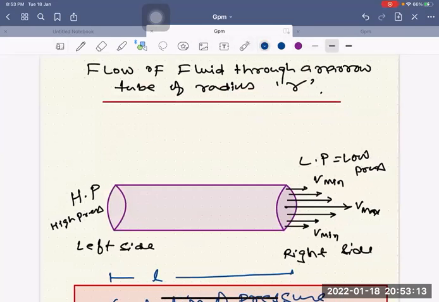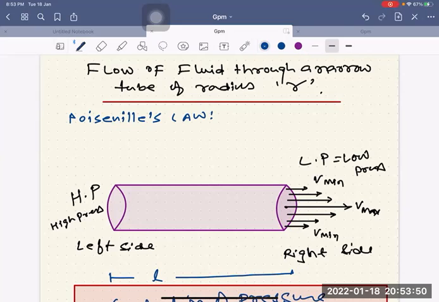Poiseuille's law. poise आया था ना, poise. तो उसके नाम पे है poise. उसका फुल नेम है Poiseuille. Yes, the full name is Poiseuille. हम देखेंगे पहले Poiseuille's law. किसके लिए Poiseuille's law?